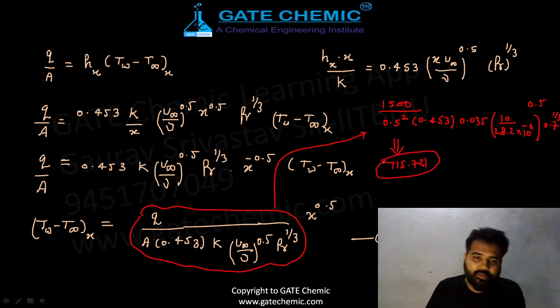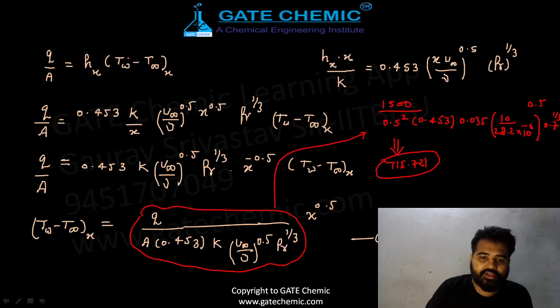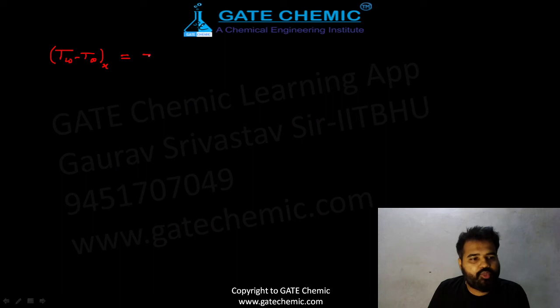715.721. That means this equation can be written as t w minus t infinite local equals 715 point, because it is a very long value, up to 2 decimal places you can take 0.5. This is your equation number 3.